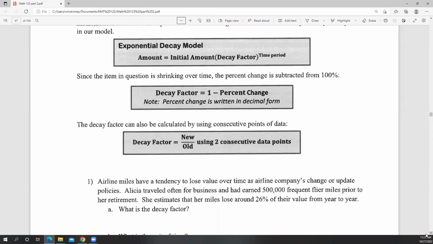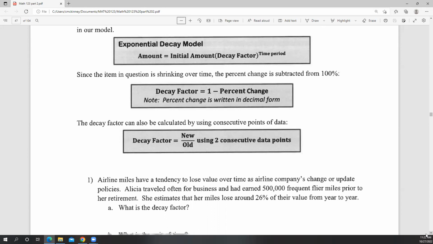A decay factor is one take away the percent of change. And we can also find it by using the new divided by the old. We're just going to see that it's going down. That's still how we're going to find our percent.